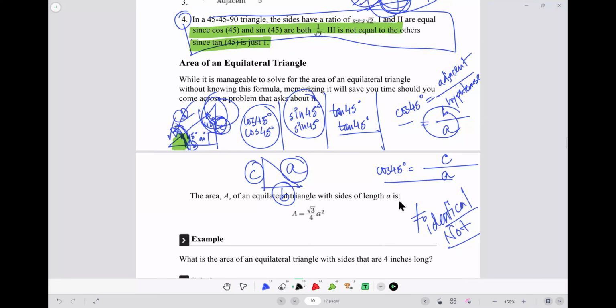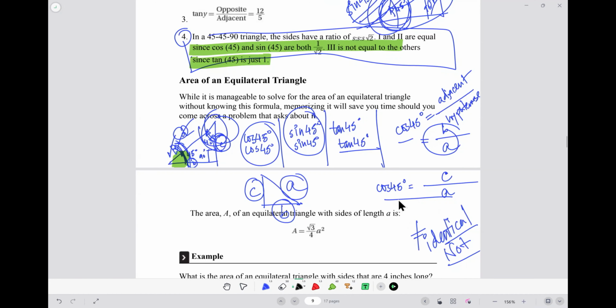For the cosine function, this is also identical because these are 45 degree. If it is not 45 degree for both angles, then it is not identical. But as this angle and this angle are 45 degree, they have equal length of the sides, this B side and the C side. So that's why you can call them identical.